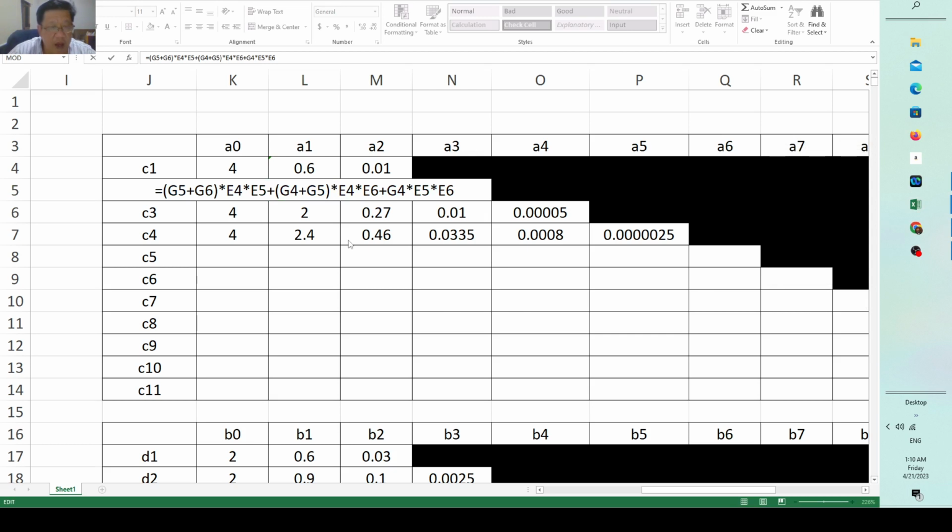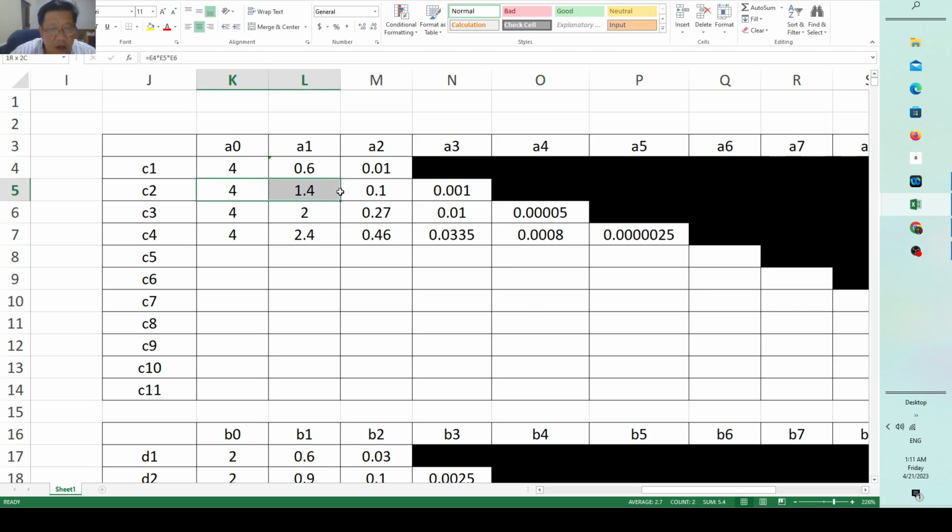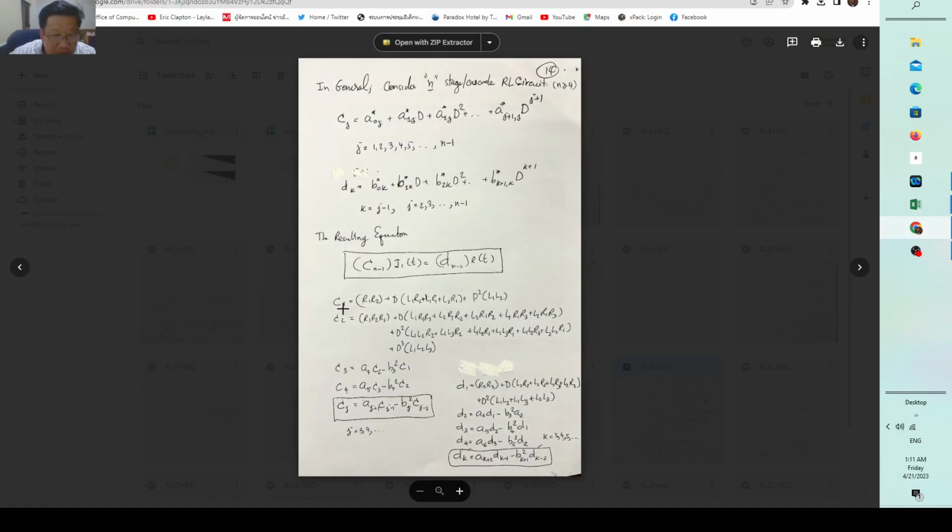So I put the formula here to compute what we call C1 and C2. But as you know, you can update C3 based on this formula. C3 is A4 times C2 minus B3 squared C1, and C4 over here.